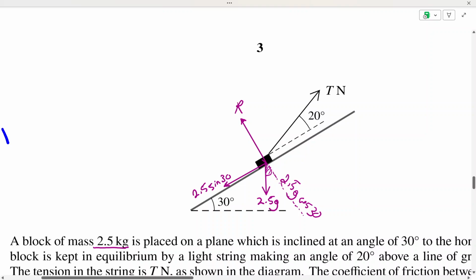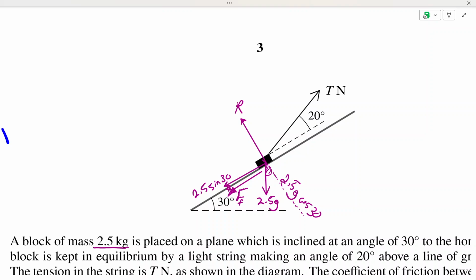Then you also know that you have the frictional force acting down the plane as well, since the block is about to move up. So you're also going to have a frictional force, and I'm just going to put an F for the friction force.